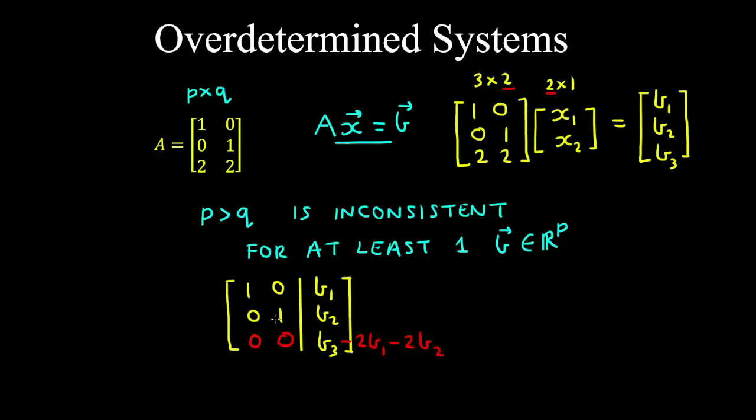So therefore for this system to be consistent, b3 minus 2b1 minus 2b2 must be equal to 0. So therefore at least one vector b is not going to satisfy this condition, which is the consistency condition for our overdetermined system.